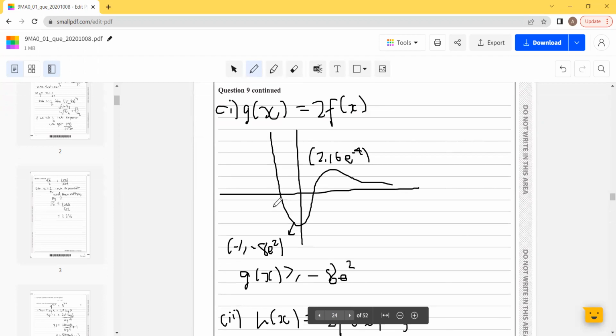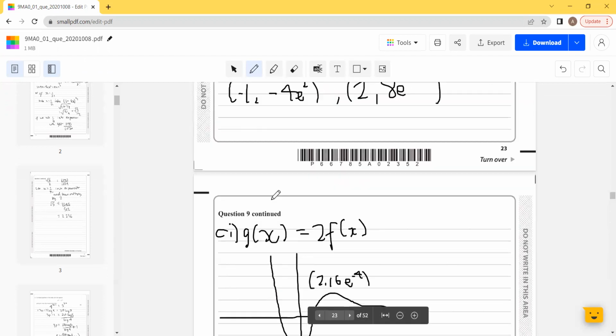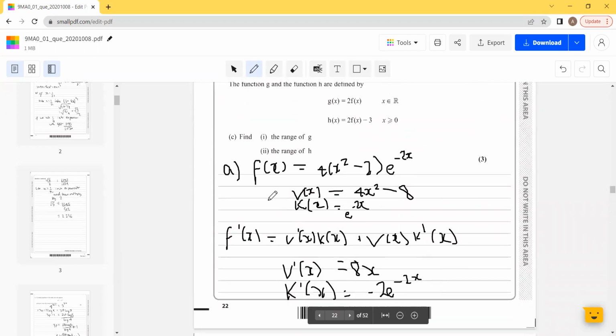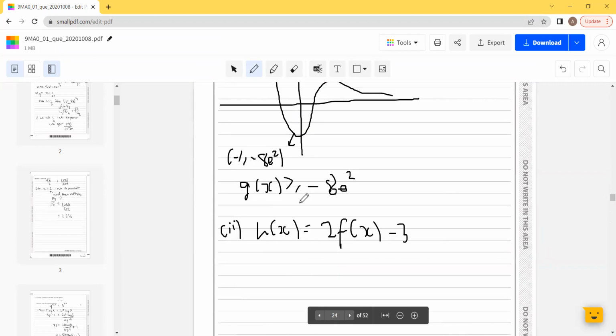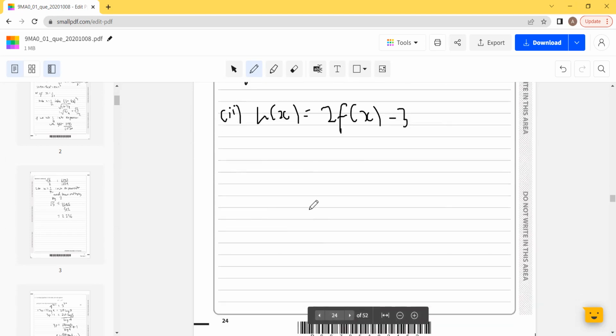And when it comes to -8e^2, if you subtract 3, that wouldn't count because it's only for x greater than or equal to 0. So we just have to figure out where the curve of h of x would intersect the x-axis. So our graph now will look something like this.